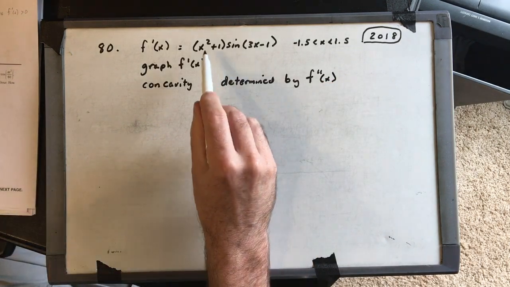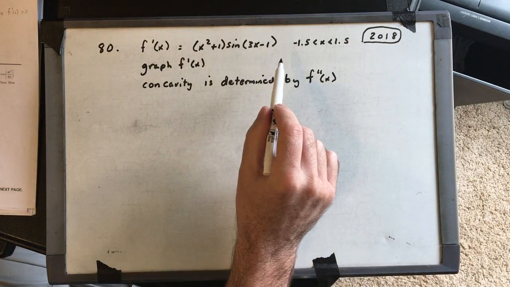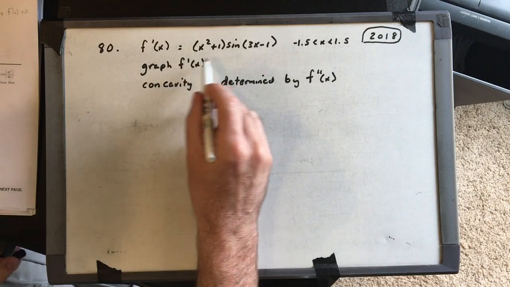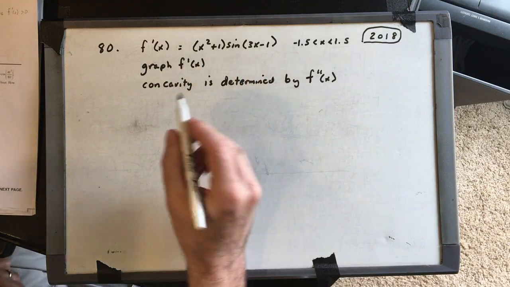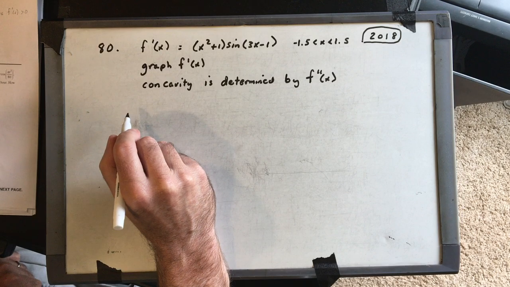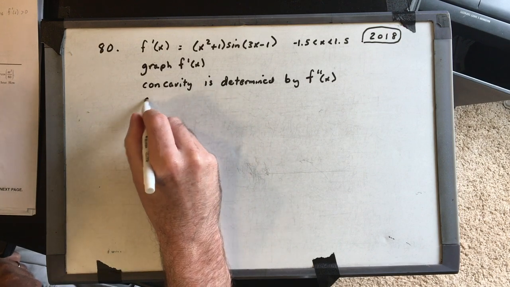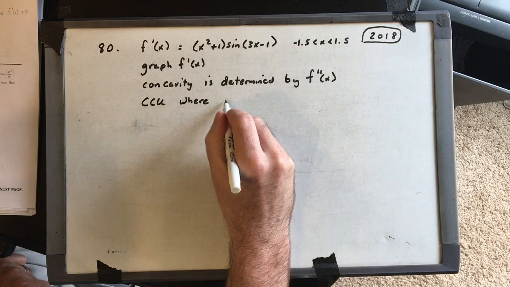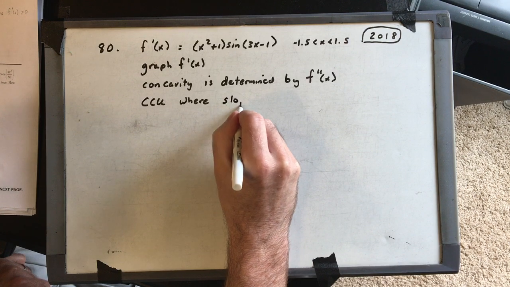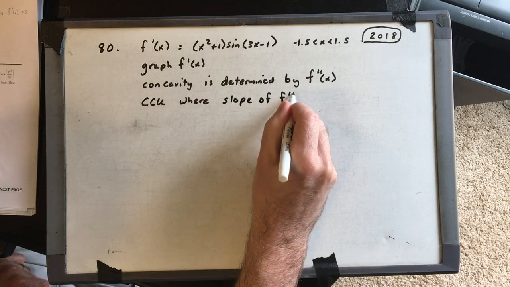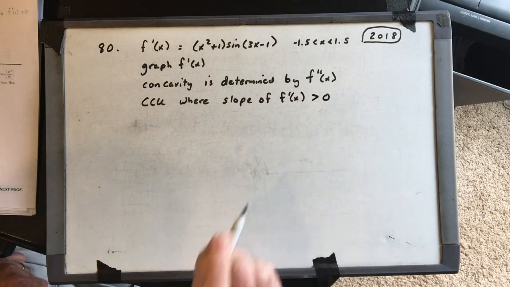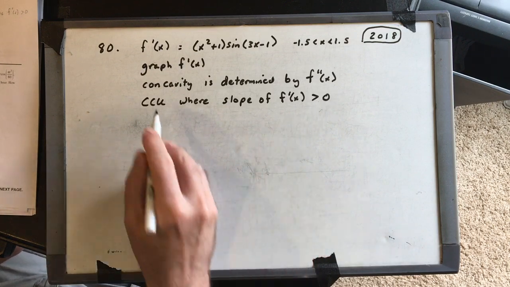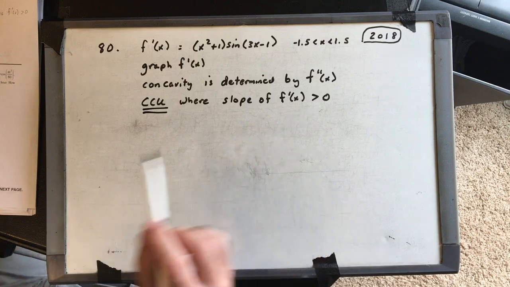So you could take the derivative of this and set it equal to 0 and try to do all that, but it's much easier and much faster just to graph that derivative, and it's going to be concave up where the slope of f prime of x is positive. If you're reading the graph of a derivative, where the slope is positive is where it's concave up. Where the slope's negative, it's concave down.